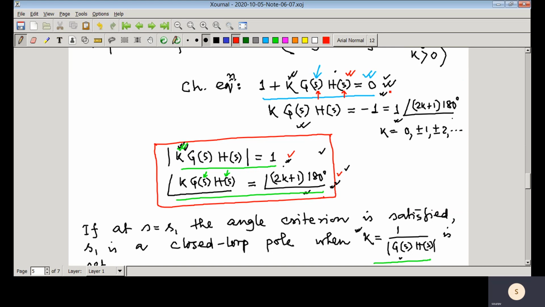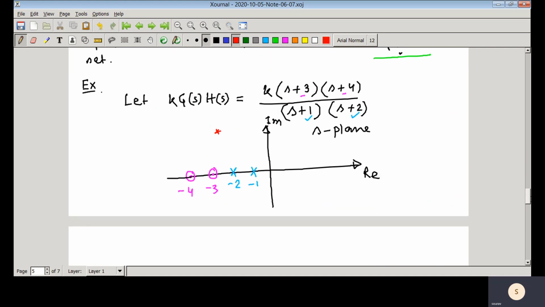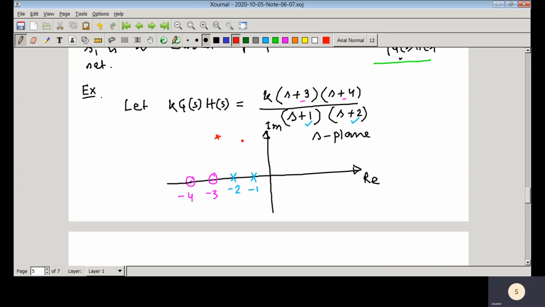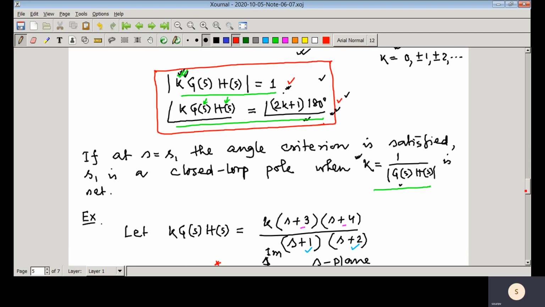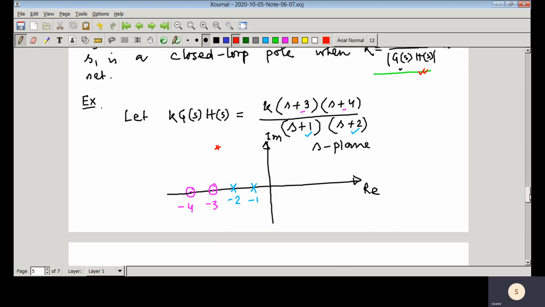Then we would say that this value is a root of the characteristic equation corresponding to a value of K. So if this particular point satisfies the phase condition, then we will get a value of K so that this gain condition would be satisfied.